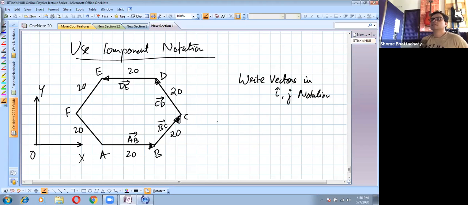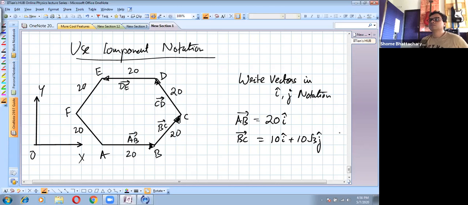I'm going to help you by writing two of them, and the other two you have to write. So I'm showing you that AB will come out to be 20 i cap, but BC, I'm writing it directly, I'll justify also, but I want you to work on it yourself also. BC will become 10 i cap plus 10 root 3 j cap.